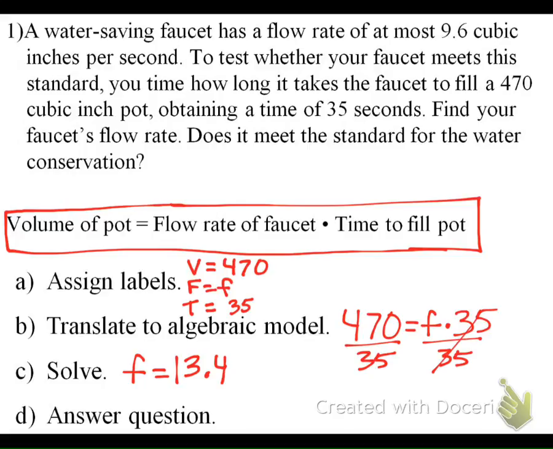A lot of times we use improper fractions, but since we have to compare it to this, I think it would be more useful to use a decimal. A lot of times in word problems, decimals lend themselves a little more realistically, but I would accept that as your answer. But as a decimal, it's 13.4, something, something, something, it keeps going on. Basically, though, all we need to know is is it more than 9.6?